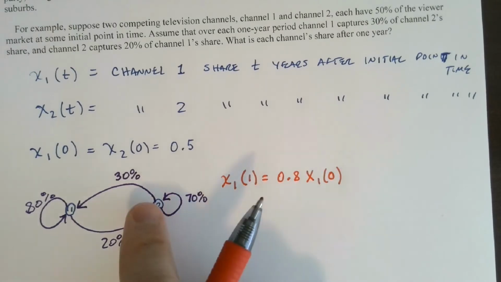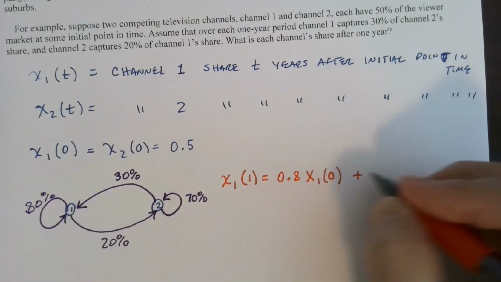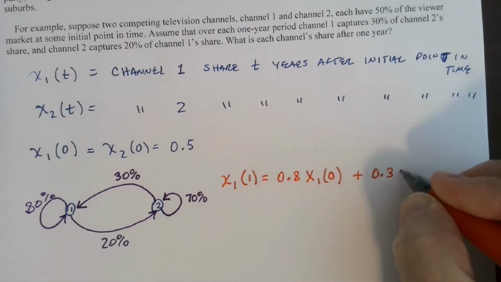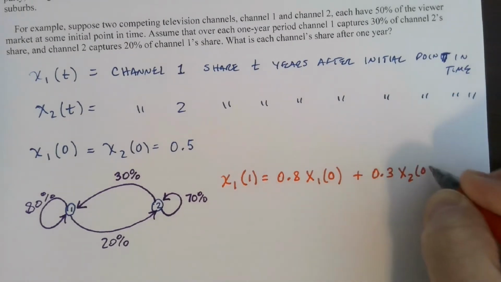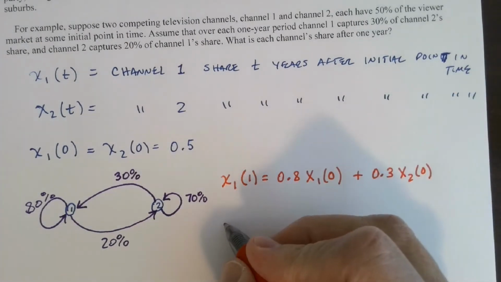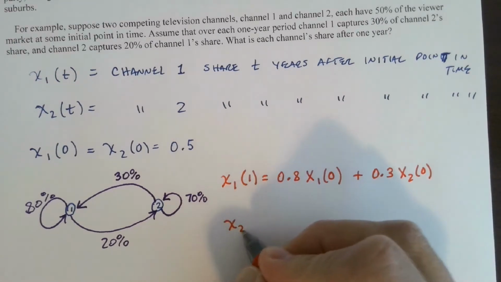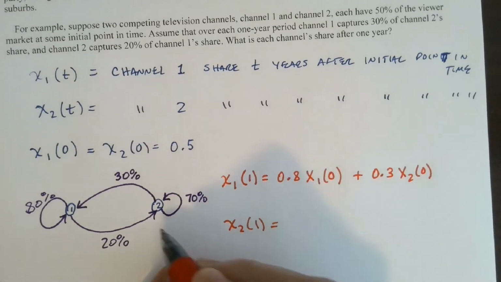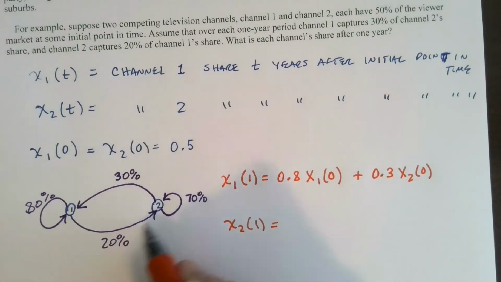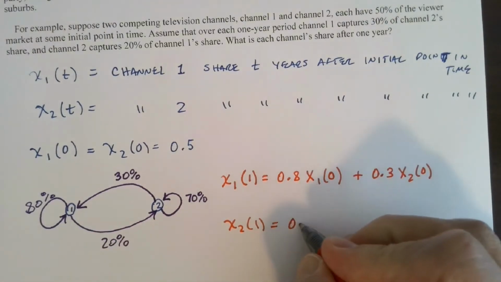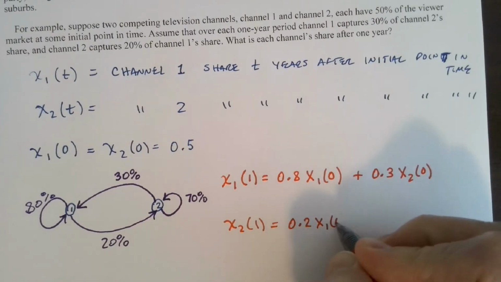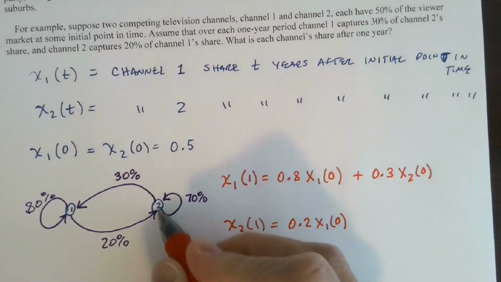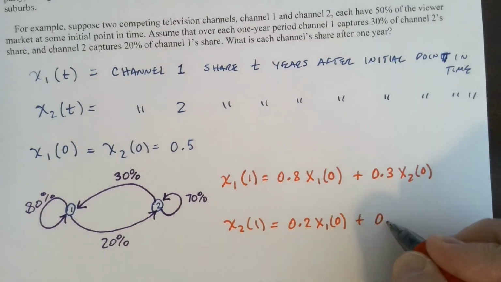But we also gain what? 30% of channel 2 viewers. So here's 30% of channel 2 viewers from year 1. And x sub 2 of 1 is what? Well, channel 1, we gain 20%, 20% of channel 1 from the previous year, and 70% of the viewers stay.